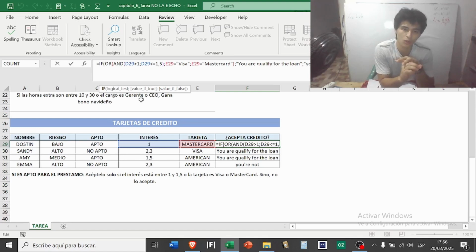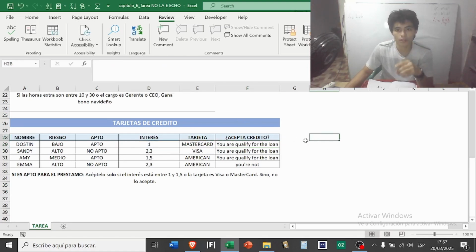First of all, we start with the AND, and it says if you have 1 to 1.5, in this range you are available for a loan.